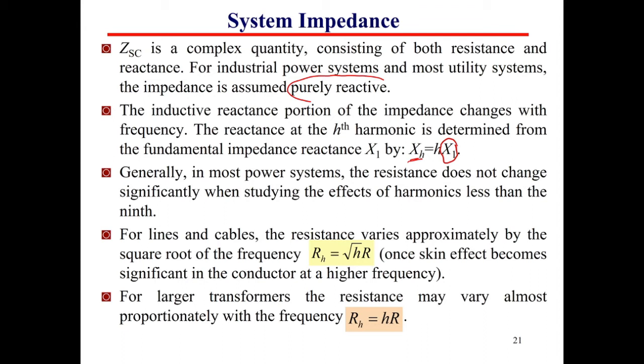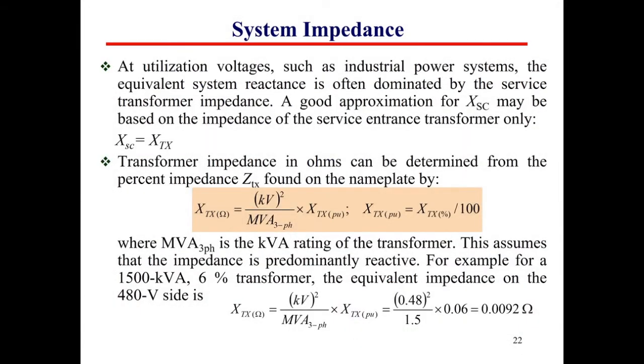For a large transformer, the resistance may vary almost proportionally with the frequency. So for a large transformer, the resistance will also vary with the harmonic order. But for the overhead line and cable, the resistance of the system will vary with the square root of the harmonic order.